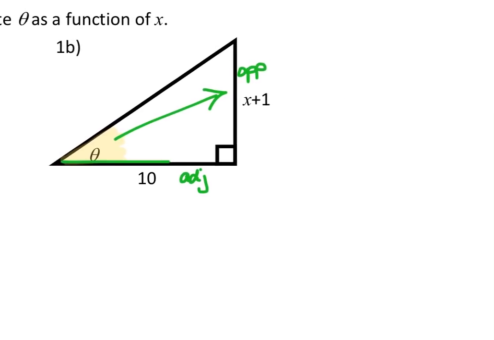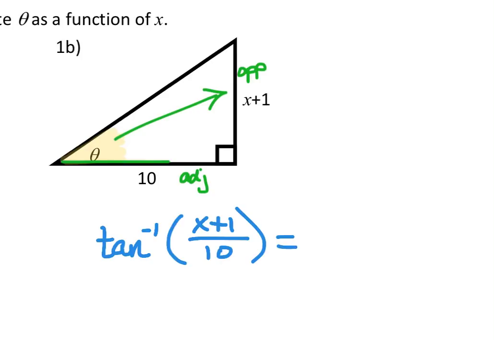The trig function that deals with opposite and adjacent is tangent. So instead of saying tangent of an angle or tangent of theta, we're going to say tangent inverse, or inverse tangent of, and then we want the input to be the ratio of the two sides. That'll be opposite over adjacent, or x plus 1 over 10, and the output to be the angle, which is theta.